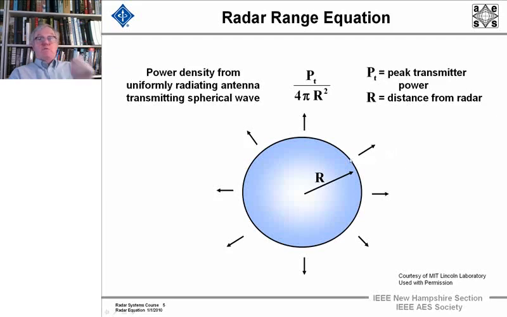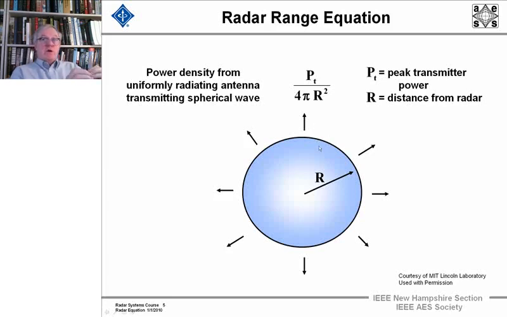A pulse of microwave energy that's within that pulse is oscillating up and down, the real and imaginary parts are, within that pulse width. And a distance away from the radar, R, the power density at that point is given by the peak transmitter power divided by 4 pi r squared.